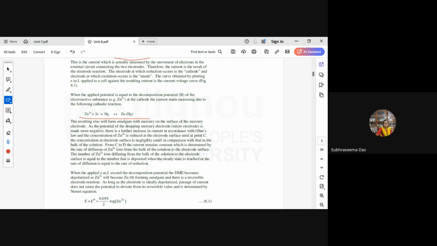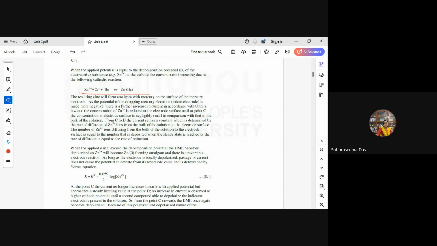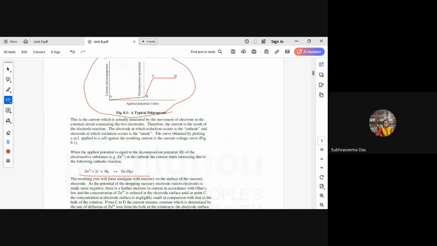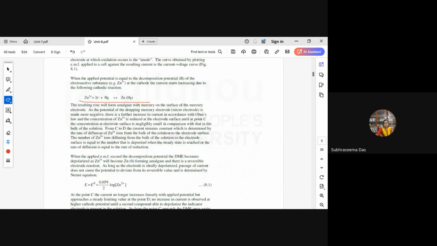As the potential of the dropping mercury electrode, that is the electrode that is used, is made more negative, there is a further increase in current, in accordance with Ohm's law, and Zn2+ is reduced. Now if we look from point C to D in figure 8.1, the current remains constant, which determines the rate of diffusion of the Zn2+ ion from the bulk of solution to the electrode surface.